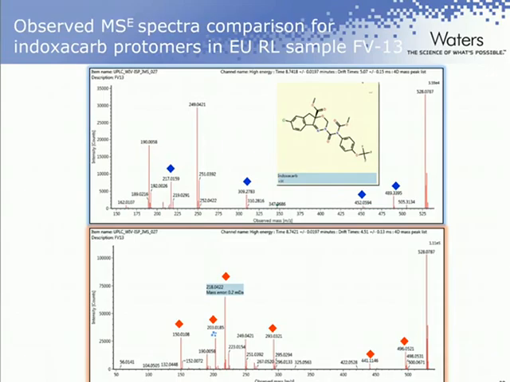But what's critical in this set of data is that we can see that for each protomer we have two common fragment ions, and so using ion mobility we're able to see which diagnostic fragment ions we should use that would make a very robust method of analysis for characterization and identification of indoxacarb.